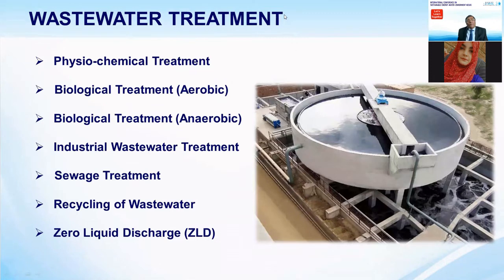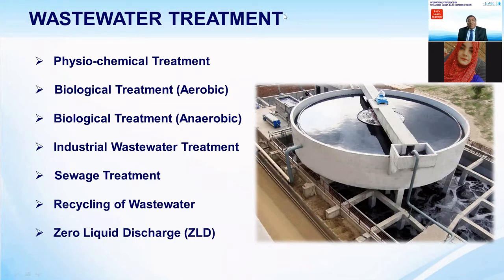In wastewater treatment, we have very different techniques to be used. Mainly the biological techniques are used for reducing the main contaminants like BOD, COD. Sometimes we have to use the physical chemical treatment as well.